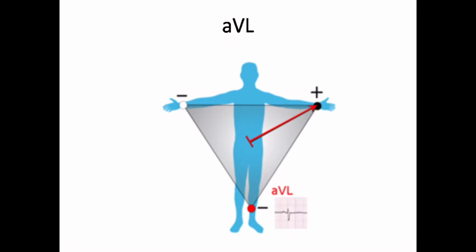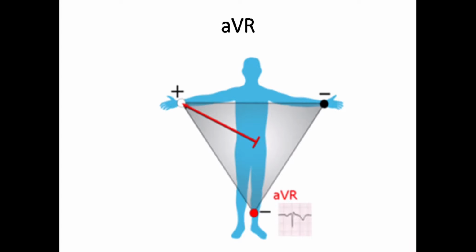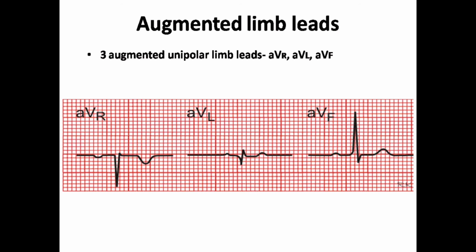AVL is from the heart to the left hand, and AVR, augmented lead of right, is from the heart to the right hand. These are seen in the ECG as AVR, AVL and AVF. These are the 3 augmented unipolar limb leads.